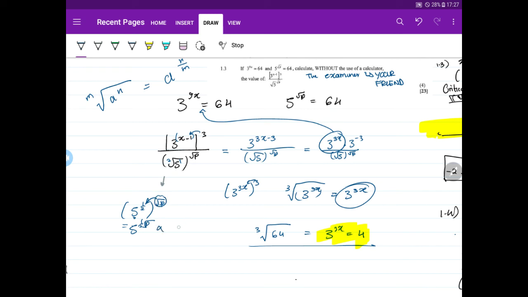If we multiply this by itself, we get 5 to the half root p times 5 to the half root p. And if you look, our bases are the same. What is our base? 5. When bases are the same, we add the exponents. That's the first rule that we ever learnt of exponents. And that gives us 5 to the power half root p plus half root p, which is in fact equal to just root p.